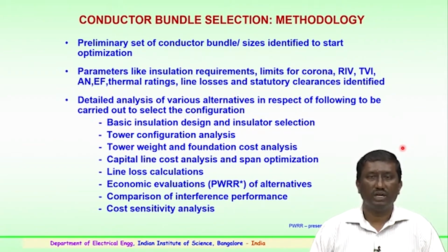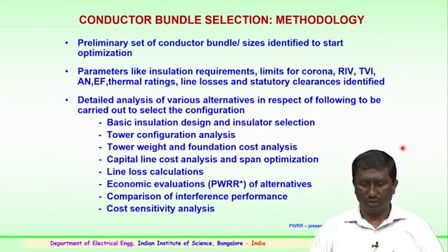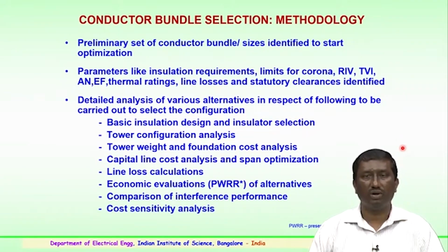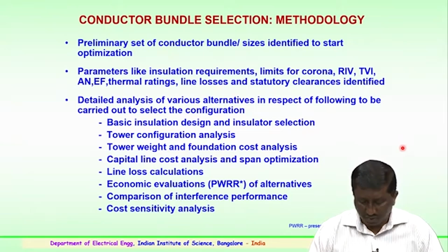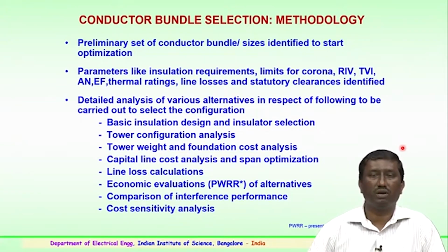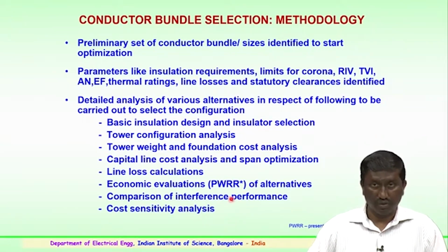Then line loss calculations; again, this depends on the voltage level where the conductors are being operated. Then economic evaluations of alternatives, that is PWRR. PWRR is the present worth of revenue requirement, which is to be recovered.